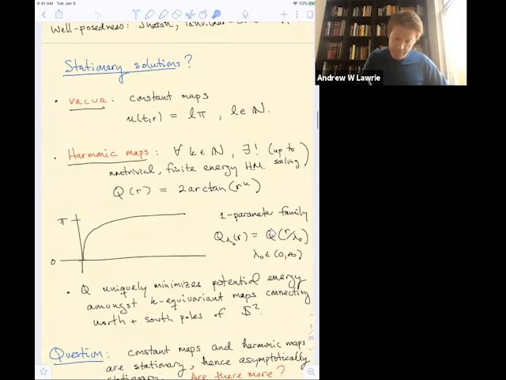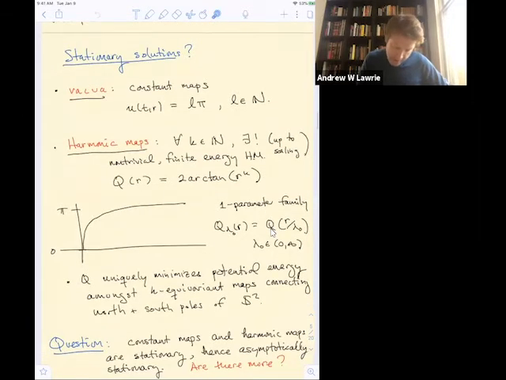In particular, for each k, there exists a unique, up to rescaling of course, non-trivial finite energy harmonic map, Q of r, which is just given by 2 arctangent of r to the k. So when k equals 1, this is just 2 arctangent of r, which is the polar angle of the stereographic projection map. So when k equals 1, the first non-trivial harmonic map is just the identity map of R2 with stereographic projection.